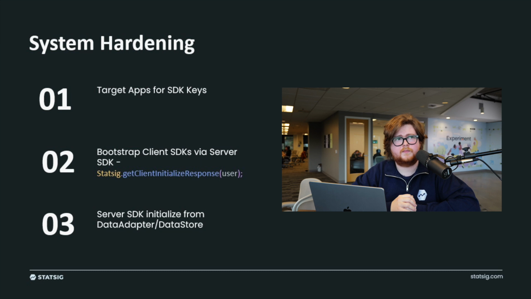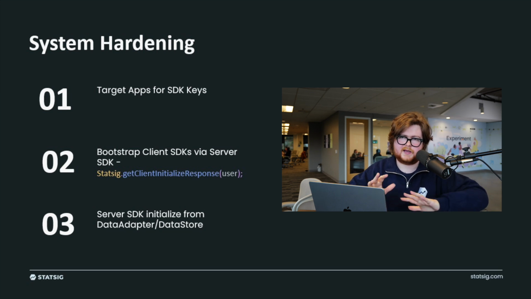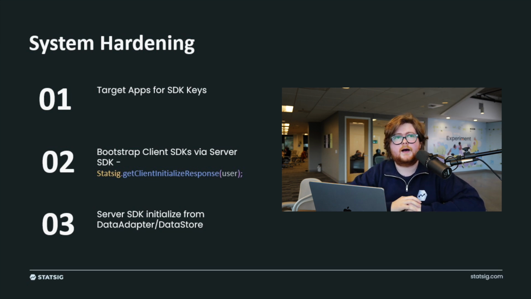The final thing that, especially in conjunction with number 2, keeps you really secure is what we call data adapters or data stores. This is a way to say, I'm actually going to cache those values that we're polling for somewhere on my end, as the customer. So maybe you have some Redis or something like that where you're just going to put those things. And then when you want to start a new server and it calls initialize, it can just grab those values right from there.